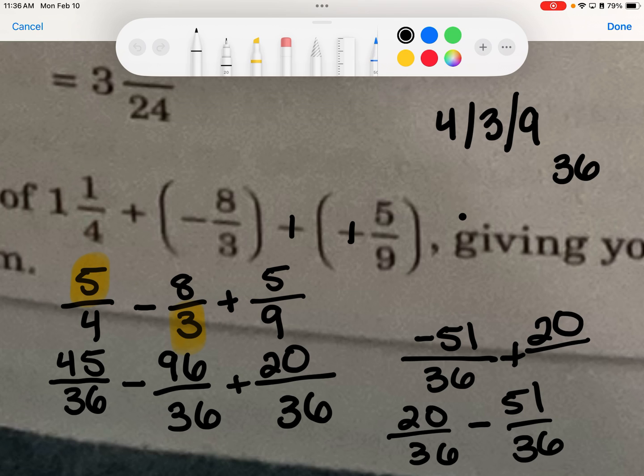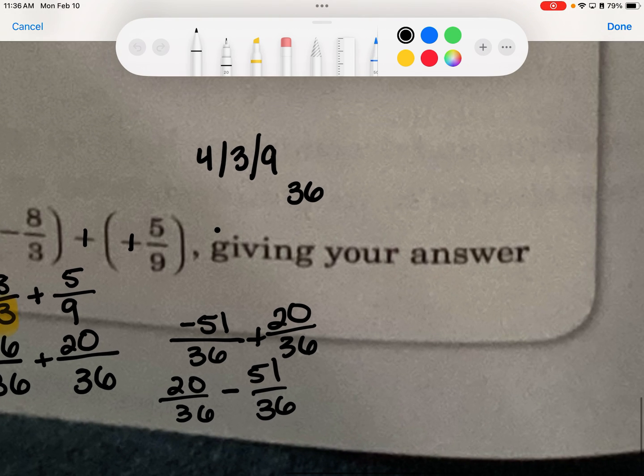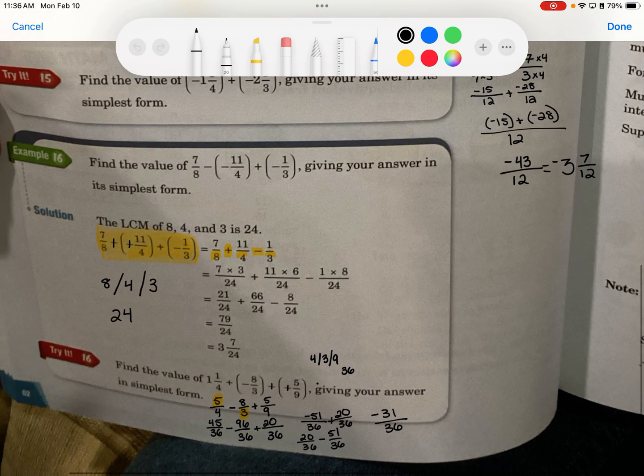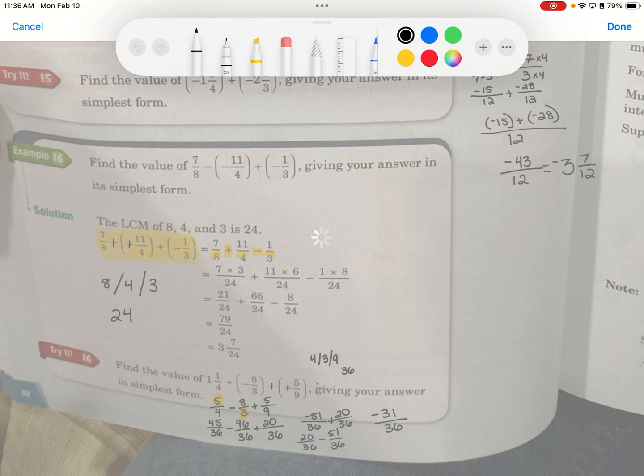So with that, we find the difference, and then we take the sign from the largest integer. Minus 31. So minus 31 over 36. And that we cannot make in simplest form any more than that. That is the simplest way to go.